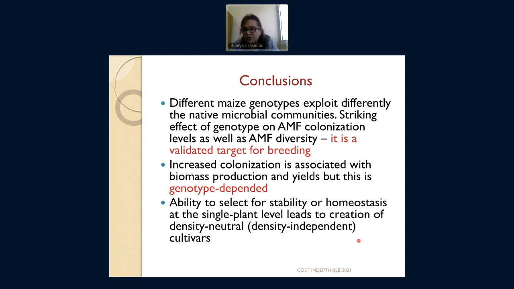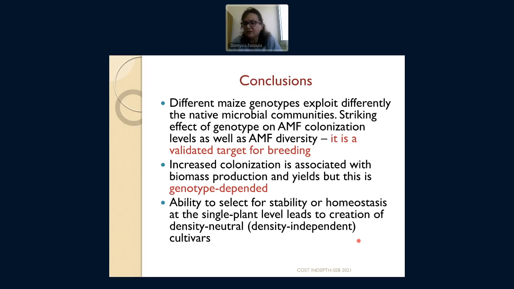And the ability to select for stability or homeostasis at the single plant level leads to creation of density neutral or density independent cultivars.